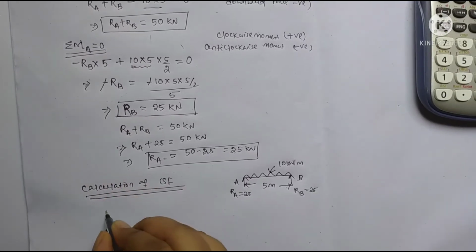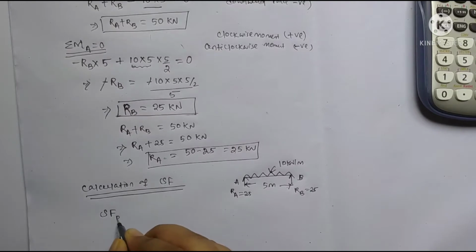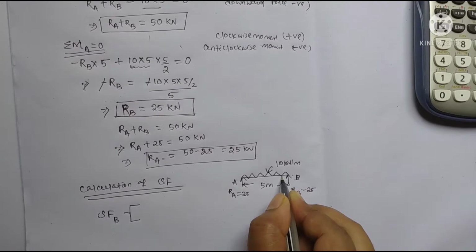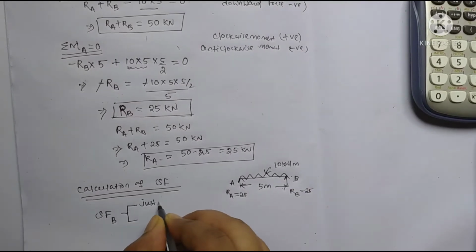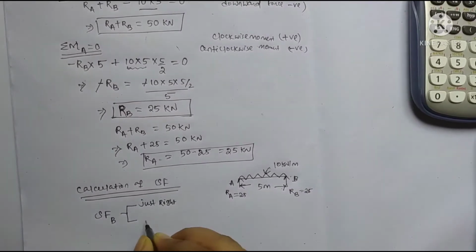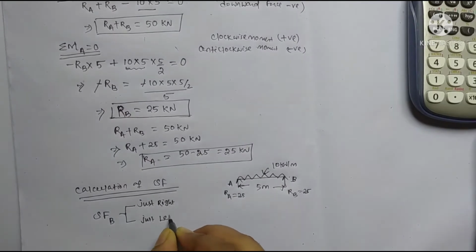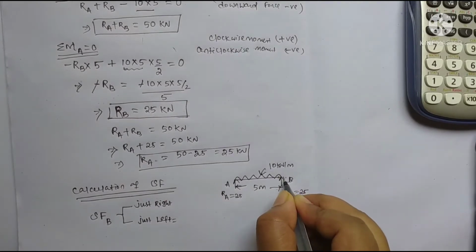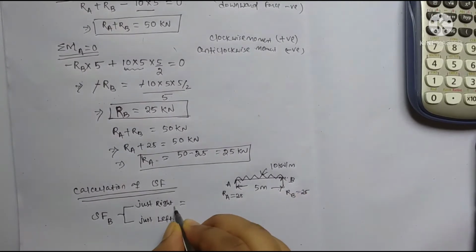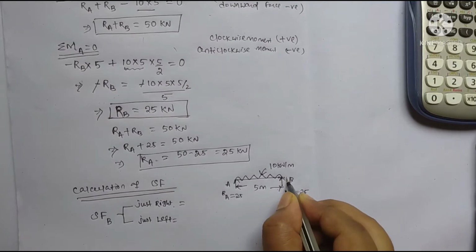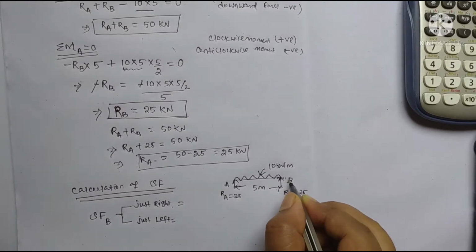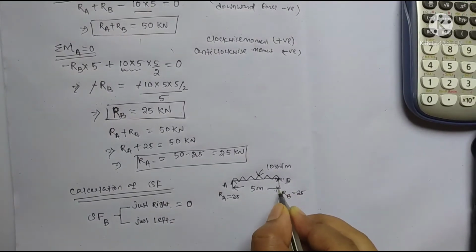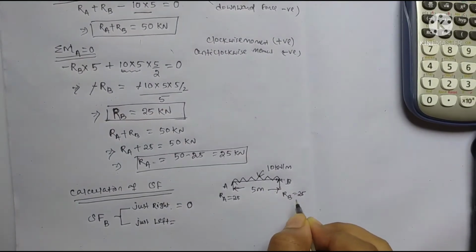Then shear force at B, we calculate just right of the section and just left of the section. At just right of point B, no force is acting, so shear force will be 0. Then at just left, only one force is acting, that is RB.